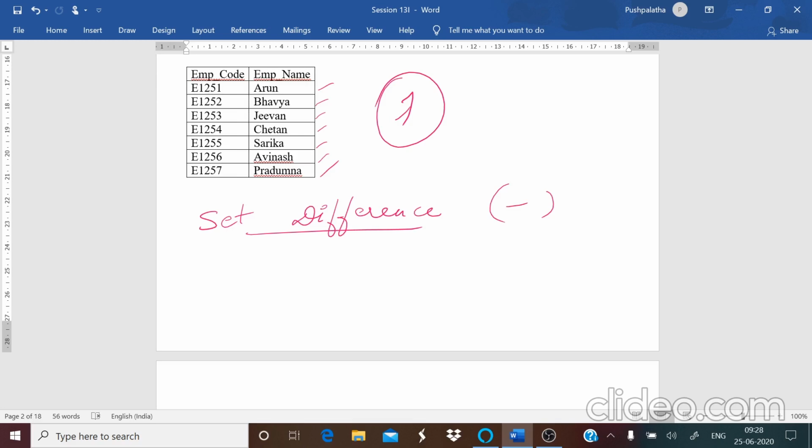That is what is given by a set difference. So the syntax will be relation A minus relation B. This is the operator symbol that you represent. So it finds all the tuples that are present in relation A but not in relation B.